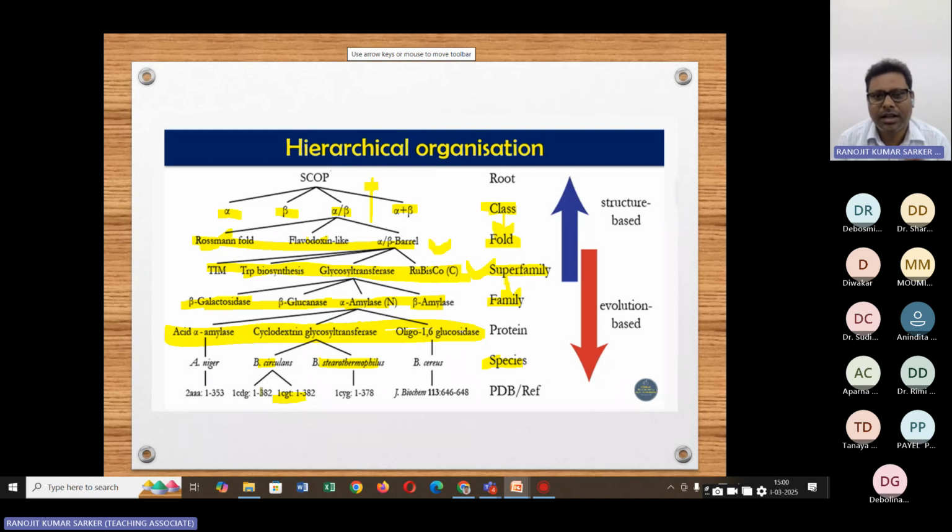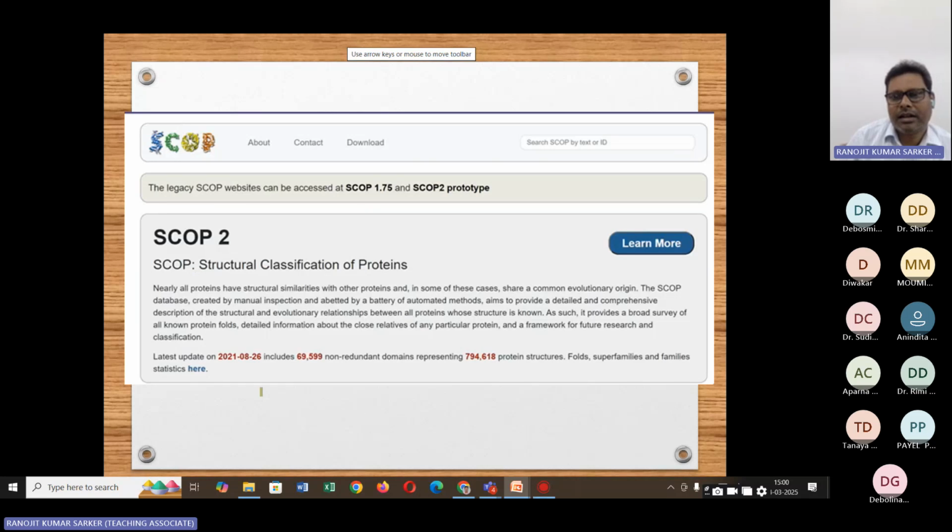If we know that a protein belongs to a certain family, superfamily or fold, then we can come to know its structure and its mechanism of function. These are the main classifications. If you have any doubt on this point, you can ask me.